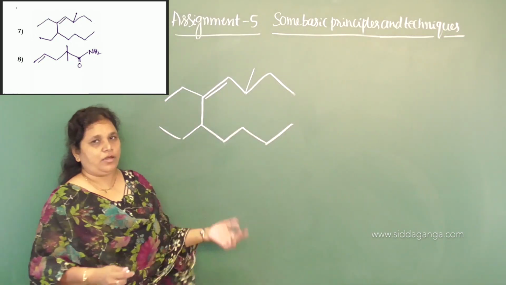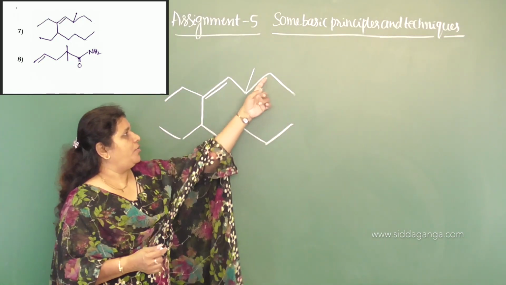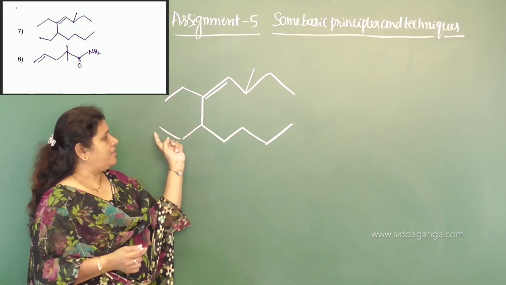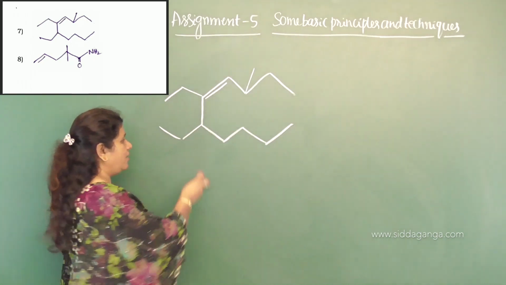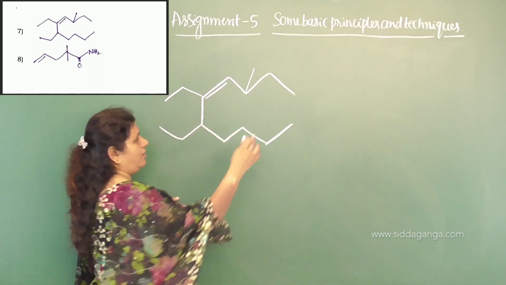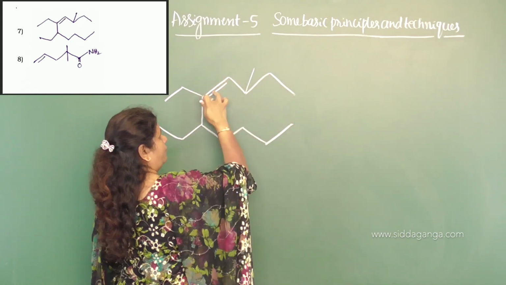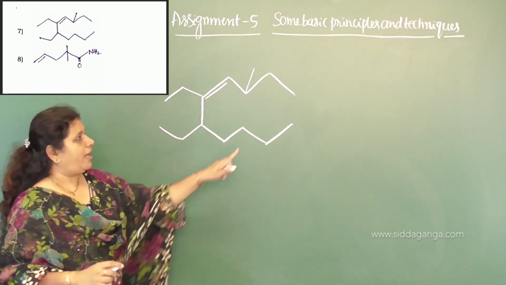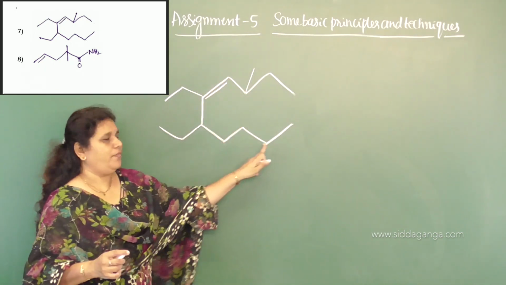Now we select the longest chain 1, 2, 3, 4, 5, 6, 7 and this becomes a branch, but you can select the continuous longest chain here 1, 2, 3, 4, 5, 6, 7, 8, 9, 10. You will get 10 carbon atoms if you select this chain, correct?